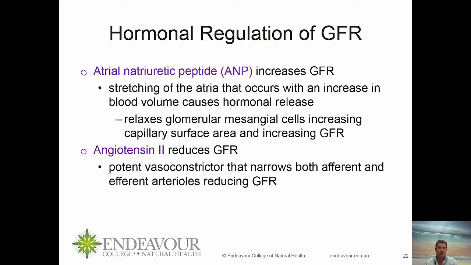Okay, so we're conserving water when we've got angiotensin II around, because we're narrowing our arterioles down and we're not doing as much filtering. So angiotensin II and sympathetic nerve stimulation, or hemorrhage, actually go hand in hand. Angiotensin II and the sympathetic nervous system are all trying to do the same thing: reduce GFR to conserve blood volume, or to divert blood away from the kidneys and to muscles itself.